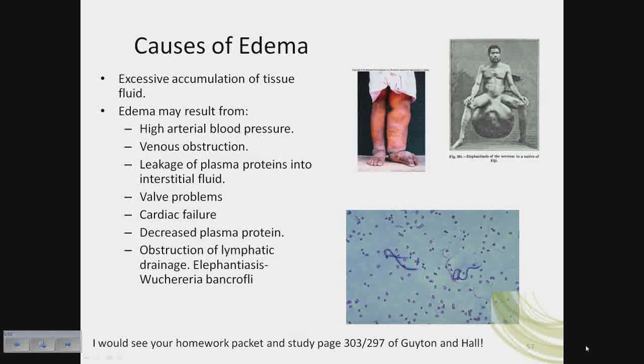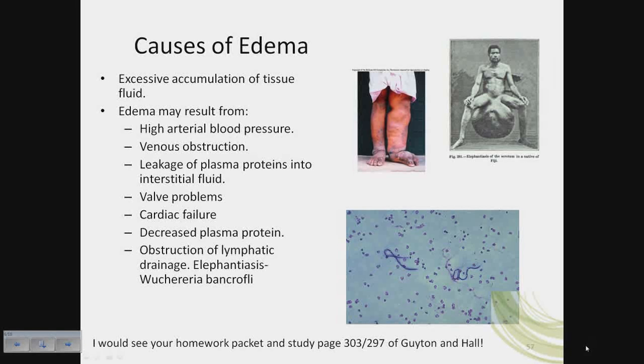That's the problem. So again, with burns, the problem with our filtration equation will be KF. That value goes up in the case of burns. And the interstitial colloid osmotic pressure is going up, favoring more outward movement of fluid.